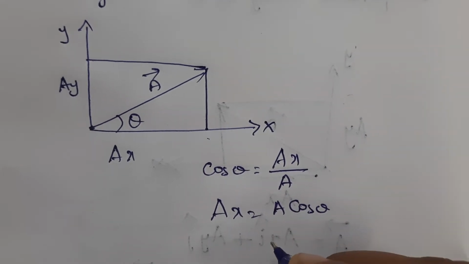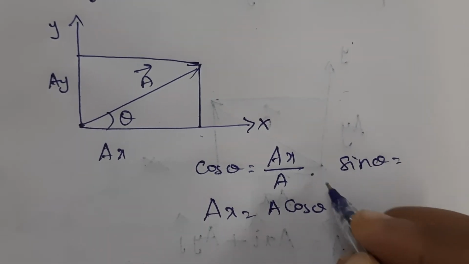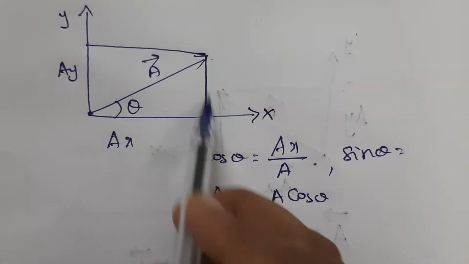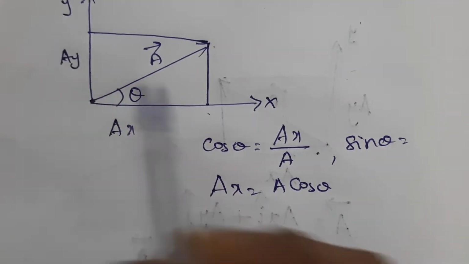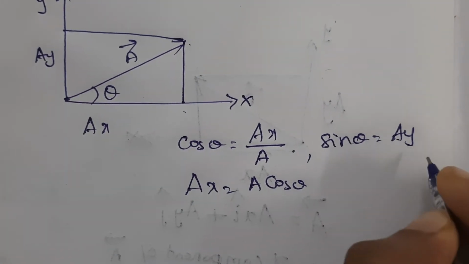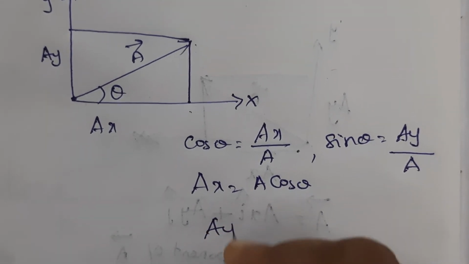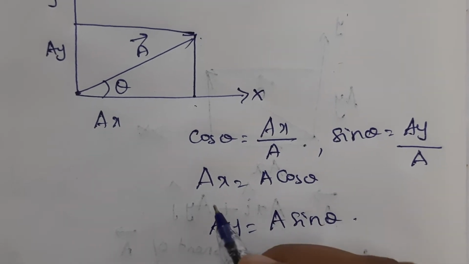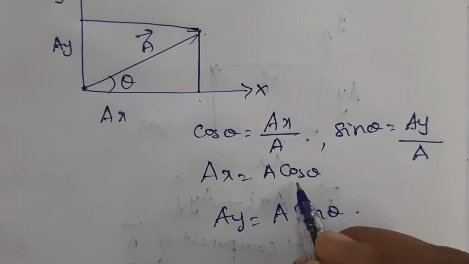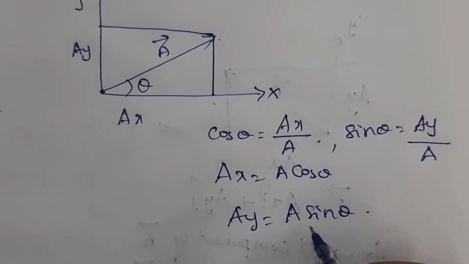A cos theta. Again, from this figure, what is sin theta? Opposite side by hypotenuse. Opposite side is similar to this Ay, so Ay by hypotenuse A. So we can write Ay is equal to what? A sin theta. So the x component of A is the cos theta component, and the y component of A is the sin theta component.